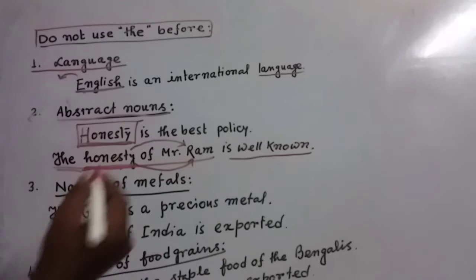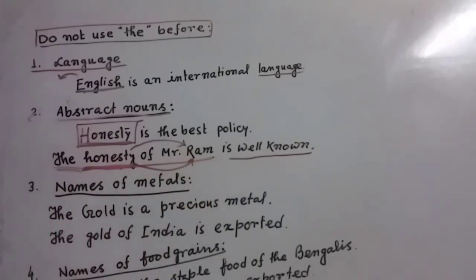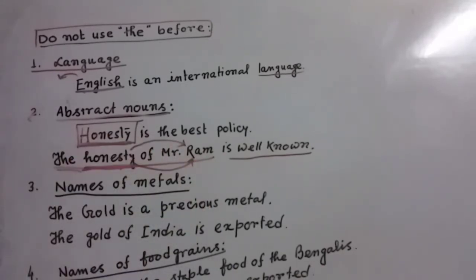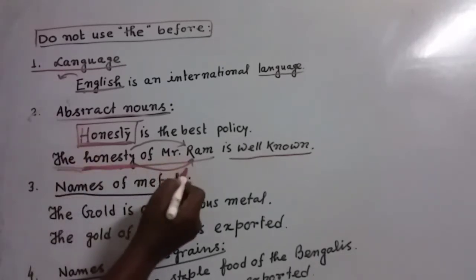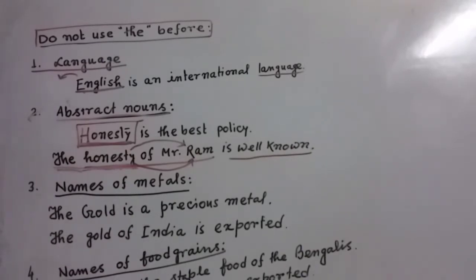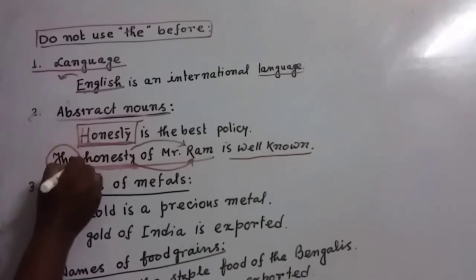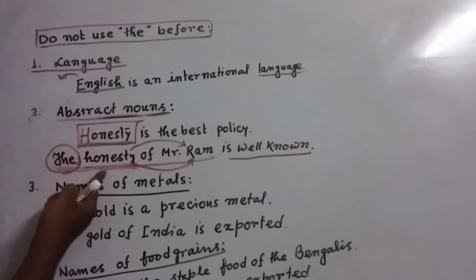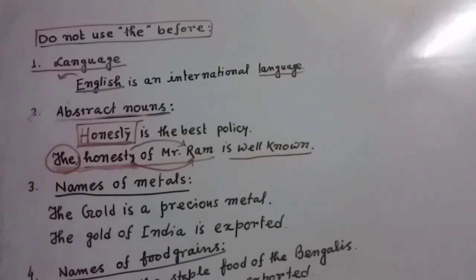Whatever it may be, the name of a person or the name of a place, if these types of words are attached with it, it means we are particularizing this abstract noun. In this situation, obviously we have to use the term the. Here we have to say the honesty of Mr. Ram. It means it is being particularized. Here in this situation, we must use the article.